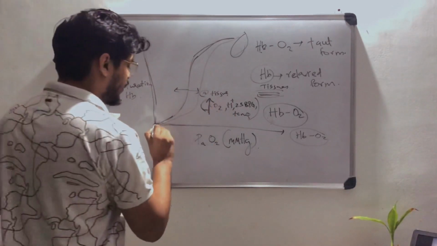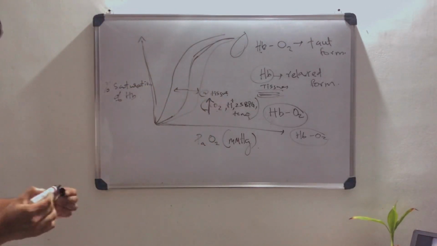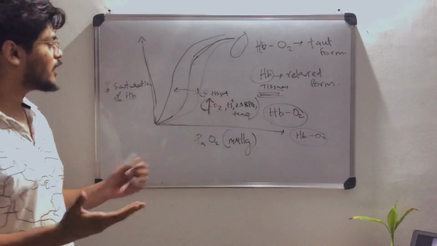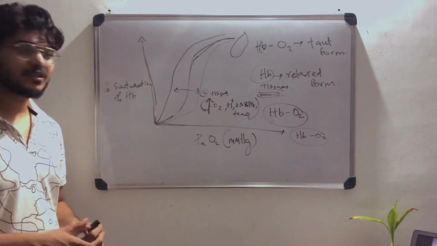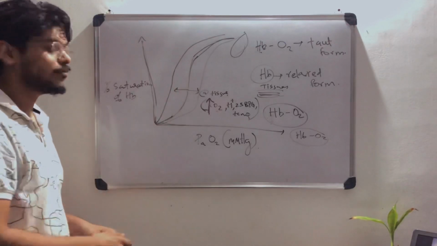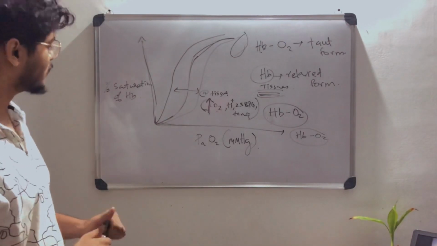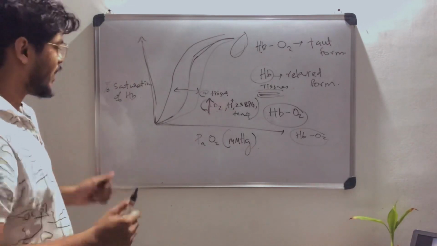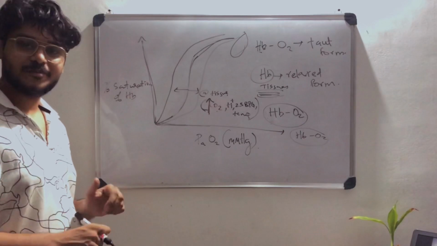And tell me, where will the leftward shift of the hemoglobin dissociation curve happen? At lungs, obviously, because hemoglobin has more tendency towards oxygen. Less partial pressure is required to make the same percent saturation of hemoglobin with oxygen. So that means those friends are not there at lungs.